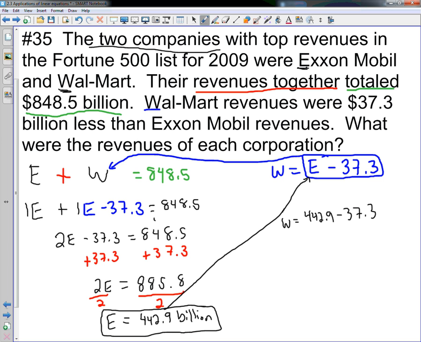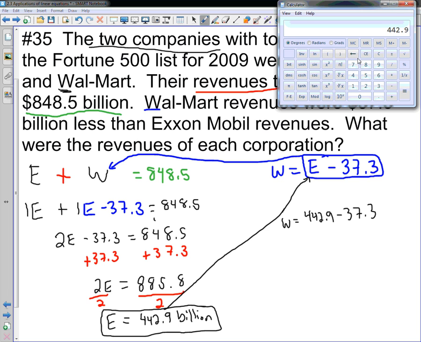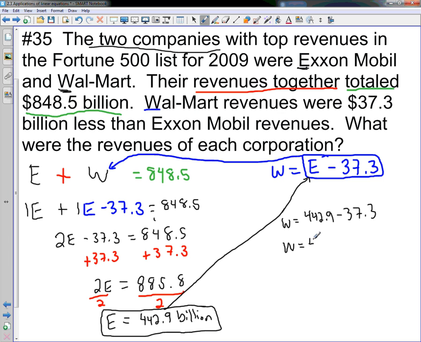Okay, so let's get our calculator out. So we're going to take this number and we are going to subtract 37.3, and that's going to give us the Walmart, which is 405.6. And this is billion.